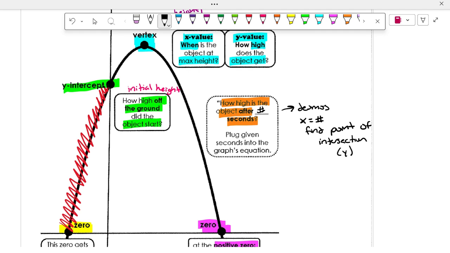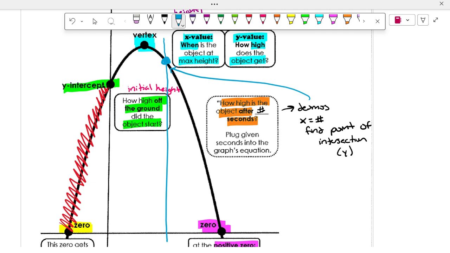Specifically the y value. So let's say that I had a line for how many seconds were going on. There's that point of intersection, and I would use the y value of that point.